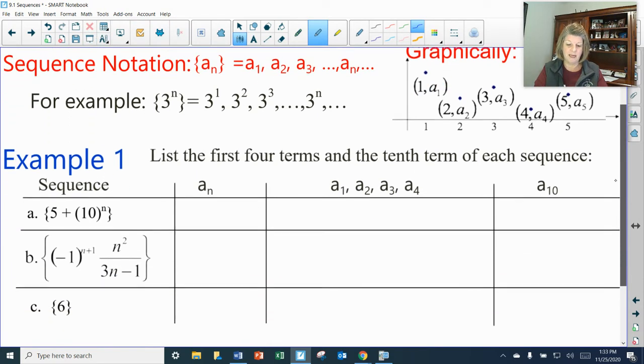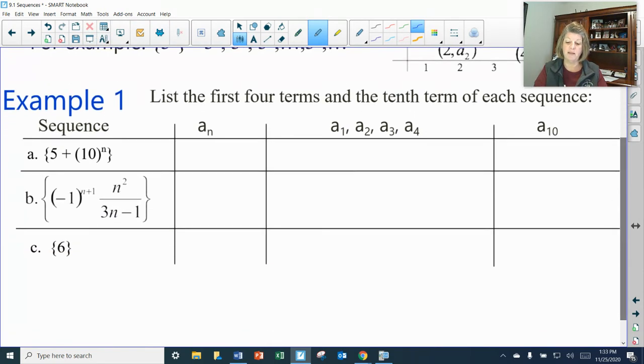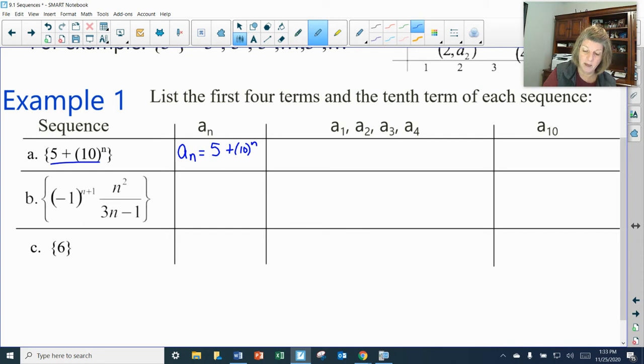So down below, example 1 lists the first 4 terms and the 10th term of each sequence. We see our rule of sequence, 5 plus 10 raised to the n power. So my a sub n term would be 5 plus 10 raised to the n. My first term would be when n is 1.